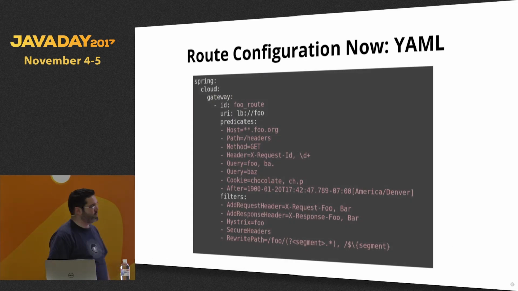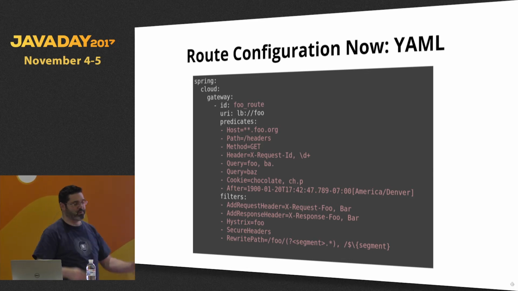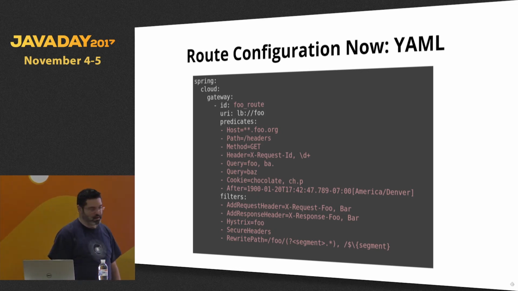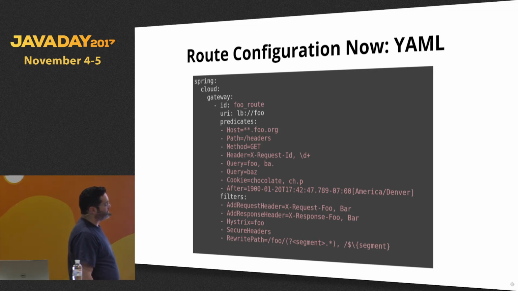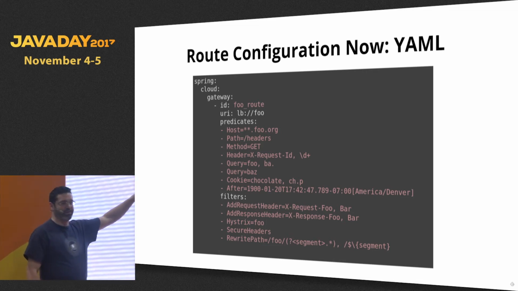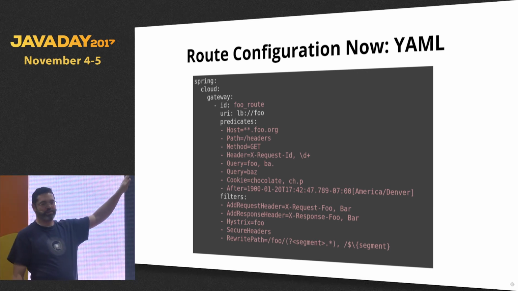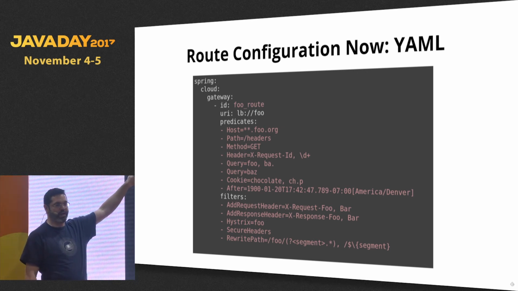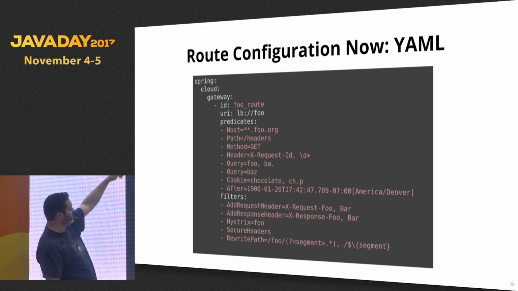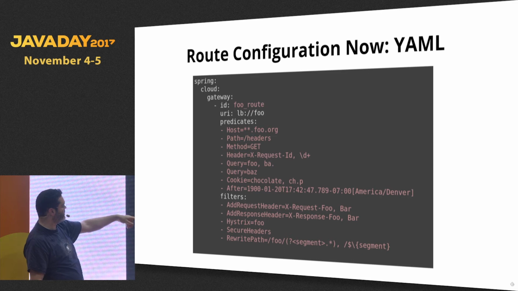So here's an example of a route defined in YAML, right? So this would be configuration-based. It's a pretty nasty predicate. When you're doing configuration-based predicates, each one of these is ANDed to the next. So for this route to match, all 1, 2, 3, 4, is that 8?